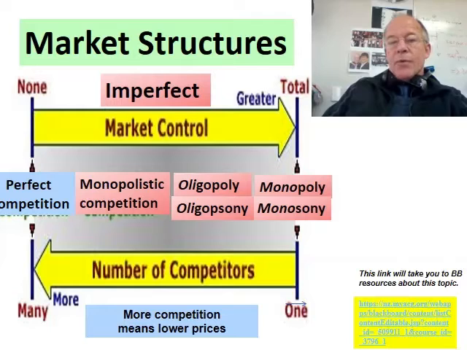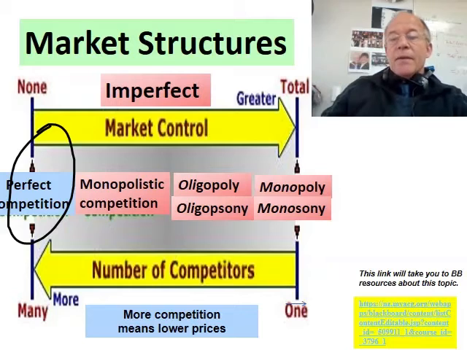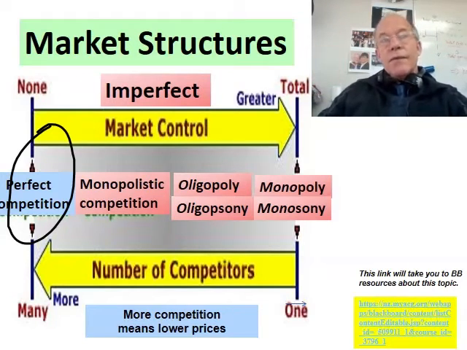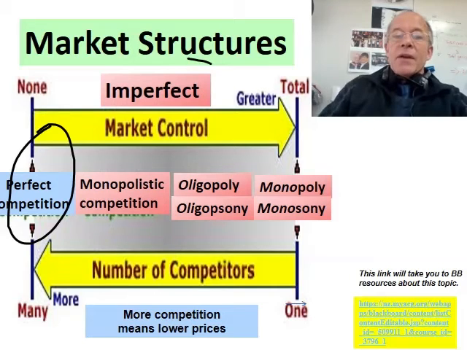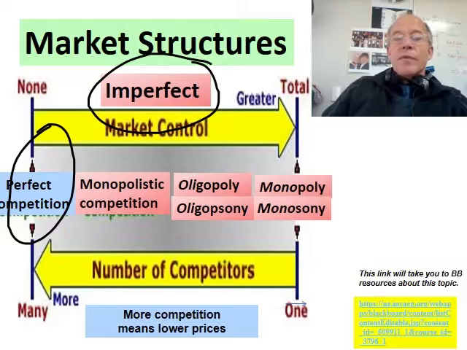Now we're going to move on into the topic known as market structures. Essentially it's about looking at a theoretical model known as perfect competition, and looking at the characteristics or features of what makes a perfect market, and then comparing it to actual real-world markets, in other words, imperfect markets.